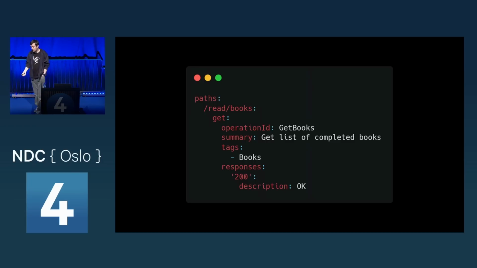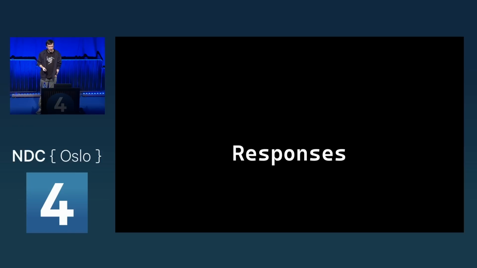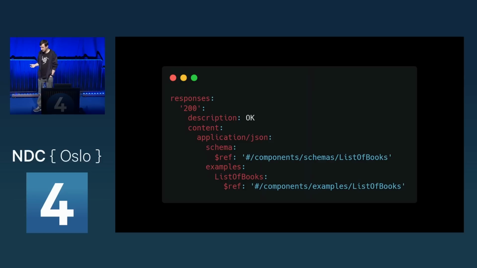And then we define our responses, and we say, okay, so we've got a 200 response. We're going to put that in quotes because YAML can do weird things if you use numbers as property names. So we'll put 200 in there, and we'll say the description of that is okay. And then we drill into our response.